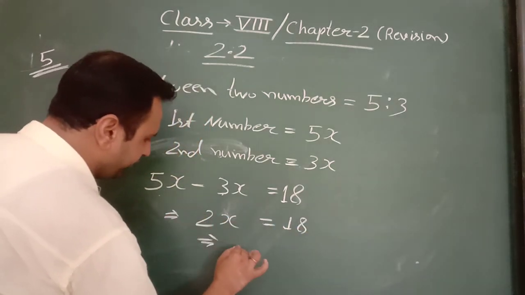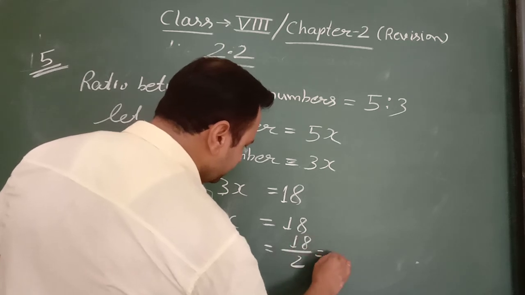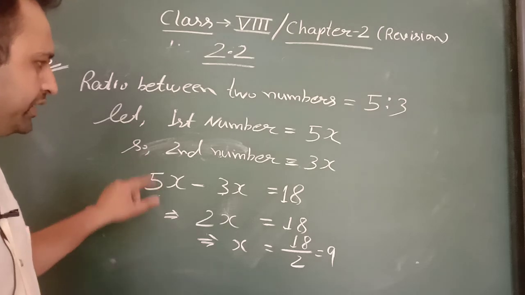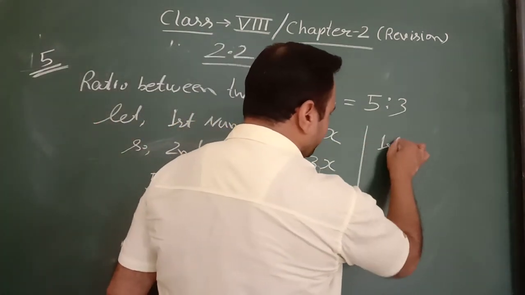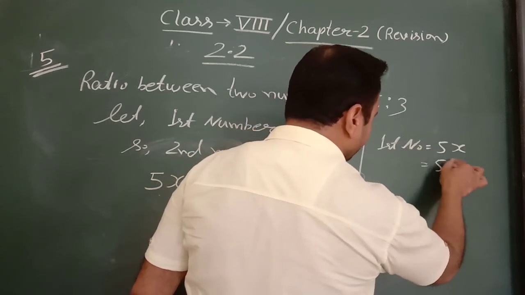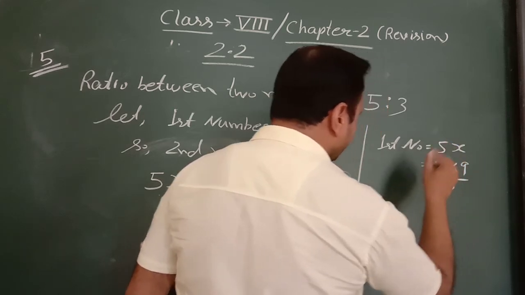So what is the value of x? 18/2. So x is equal to 9. Now to find out numbers, first number, which is 5x. So 5 multiply 9, obviously 45.